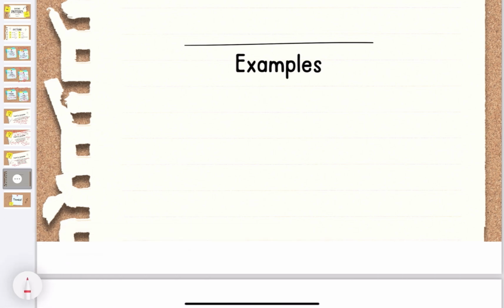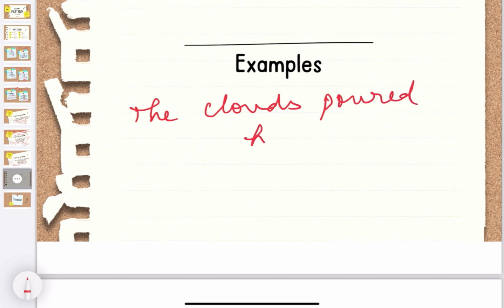Identify this question. The clouds poured heavily. What else is this? The subject is the clouds. Poured is the verb.